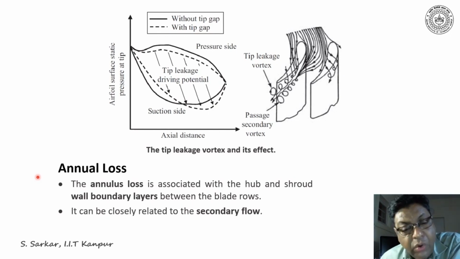Now, with respect to annulus loss, the annulus loss is associated with the hub and outer wall boundary layer between the blade rows, and it can be closely related to the secondary flow.